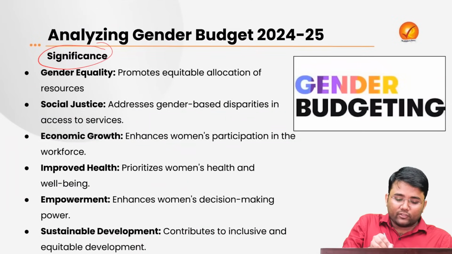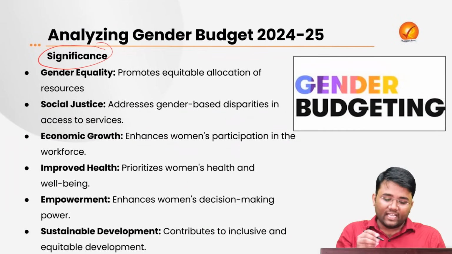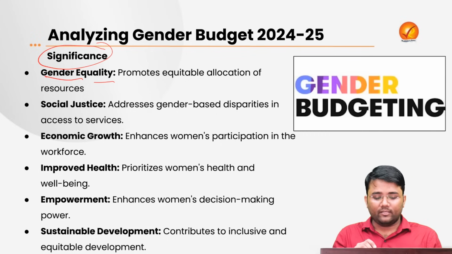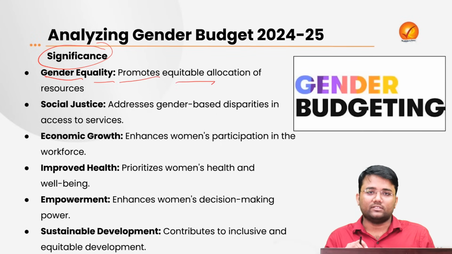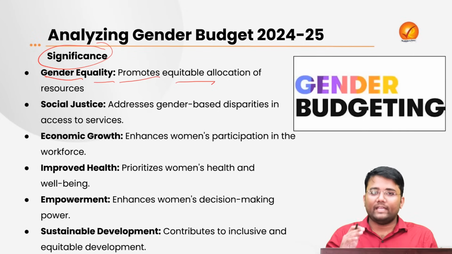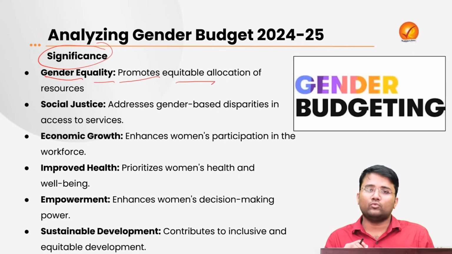What is the significance of this gender budgeting? It helps in providing gender equality. It promotes the equitable allocation of resources. Whatever the financial resources are with the country, that can be provided equally to all the genders.